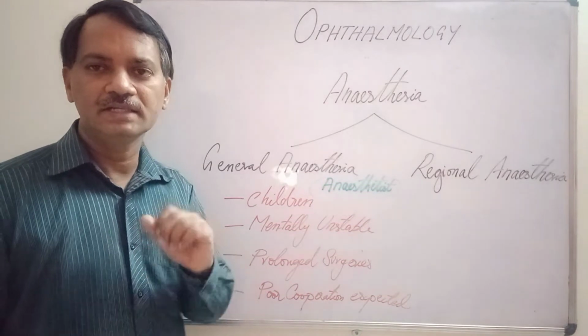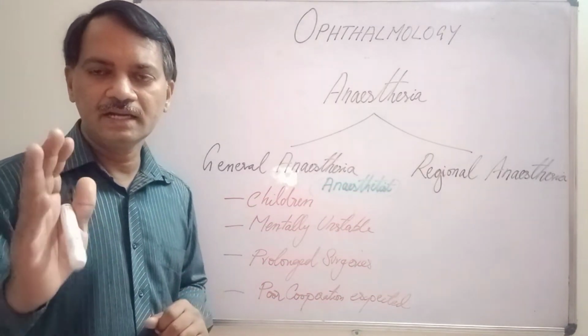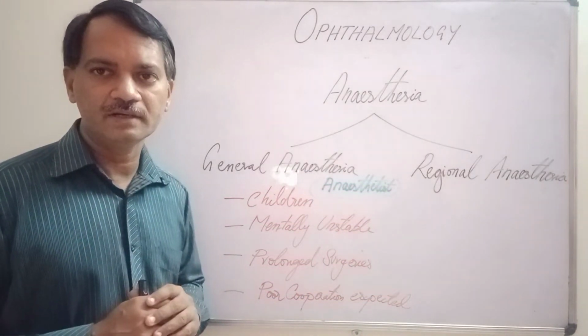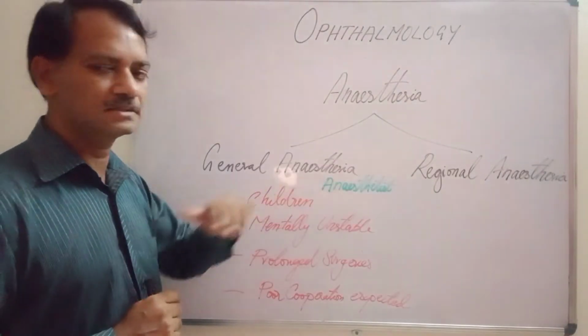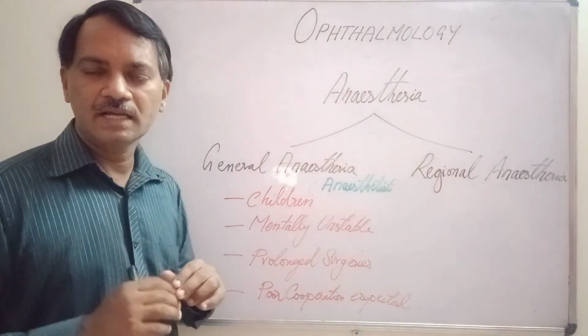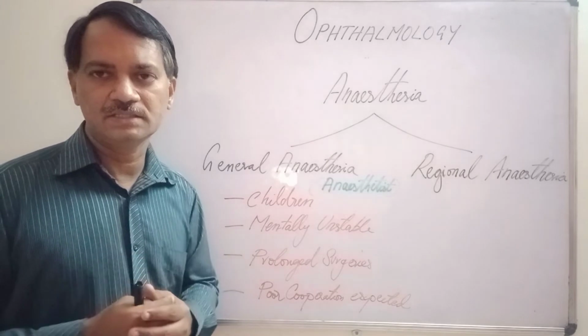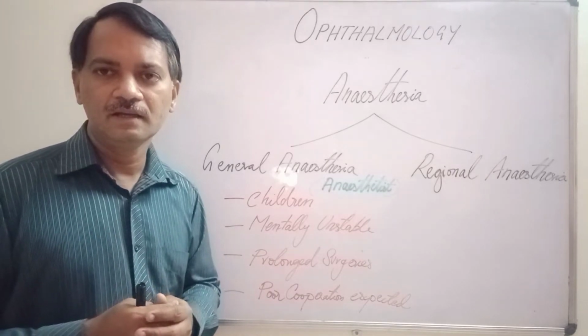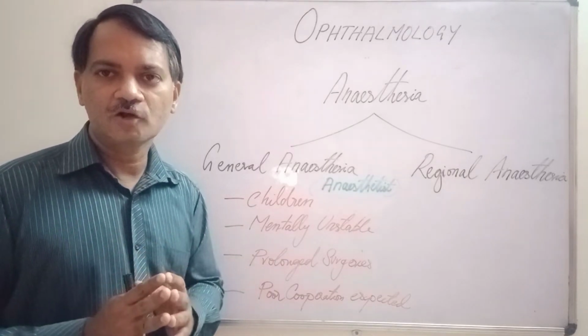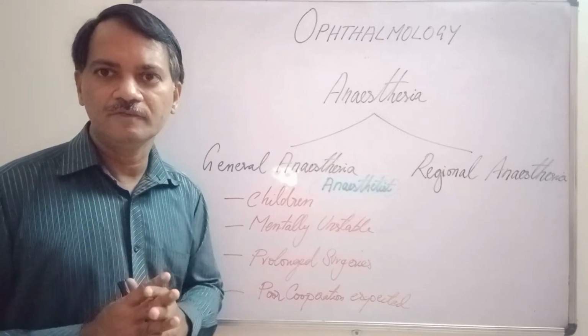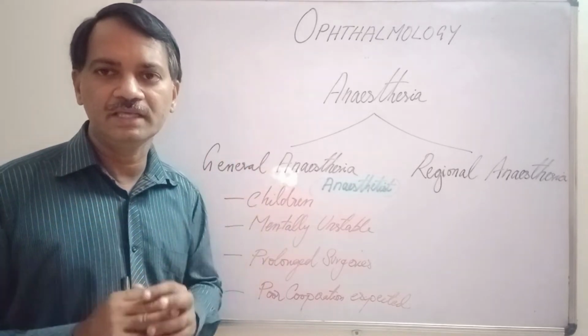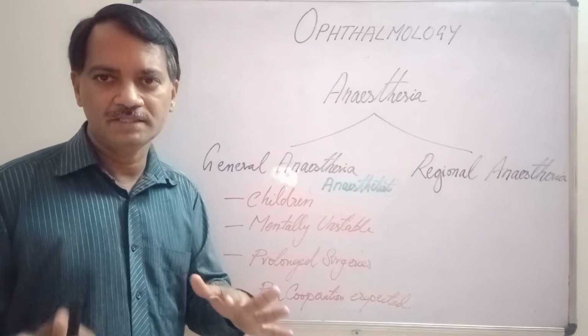General anesthesia is usually given by an anesthetist, so the ophthalmic surgeon can concentrate on his surgery without having any tension about the vitals of the patient.